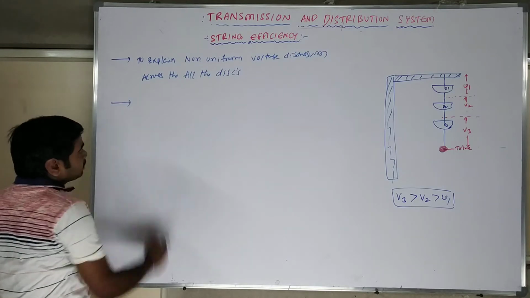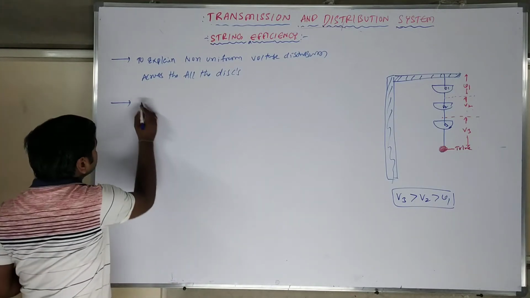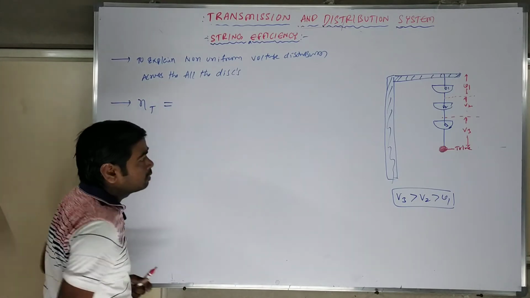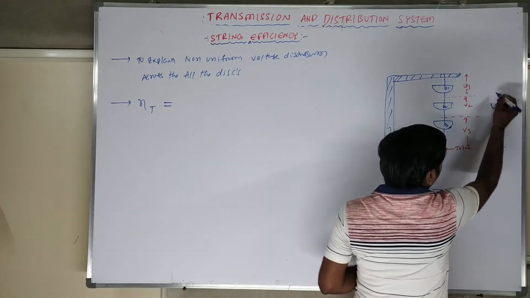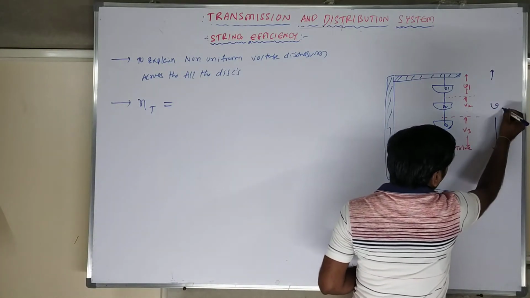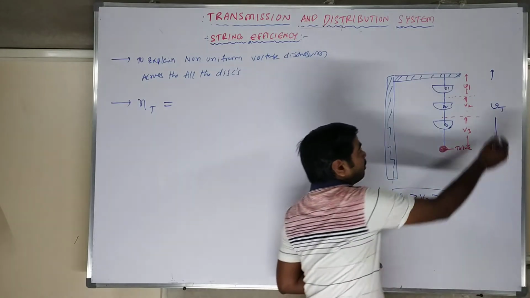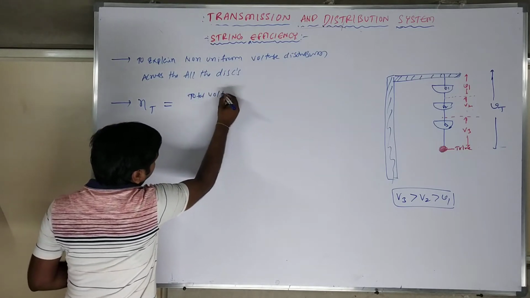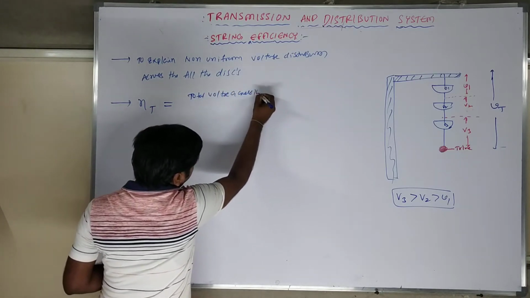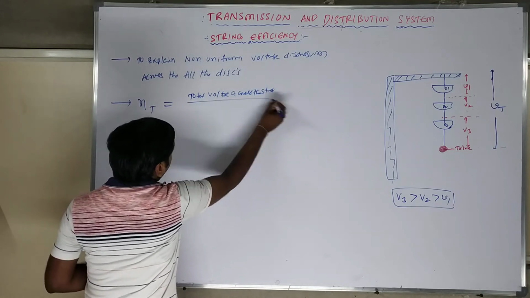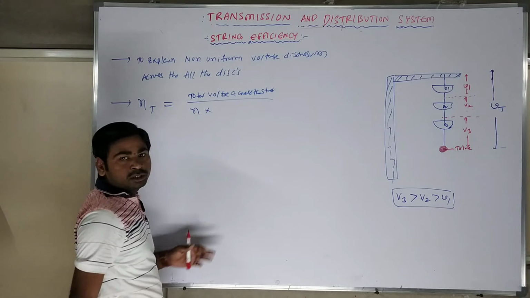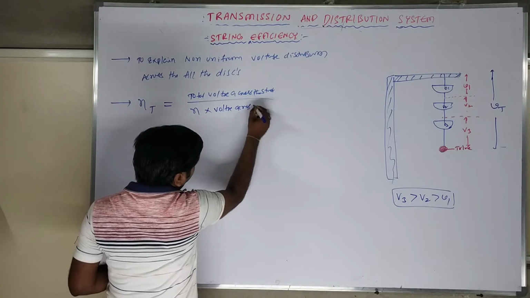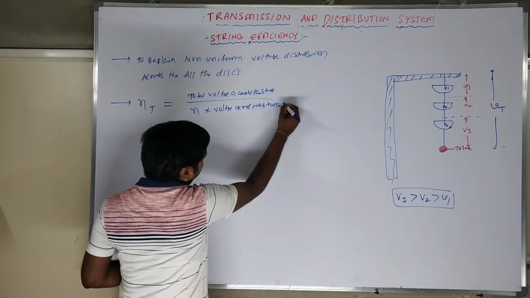The string efficiency, eta, is equal to the total voltage across the string, Vt, divided by n, the number of discs, multiplied by the voltage across the disc near the power conductor.